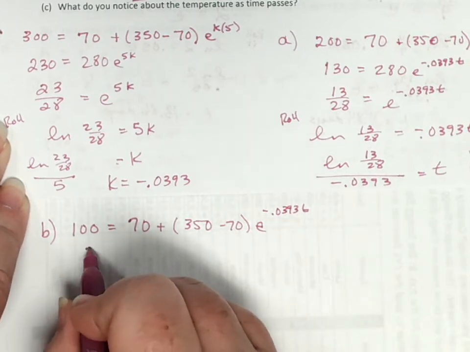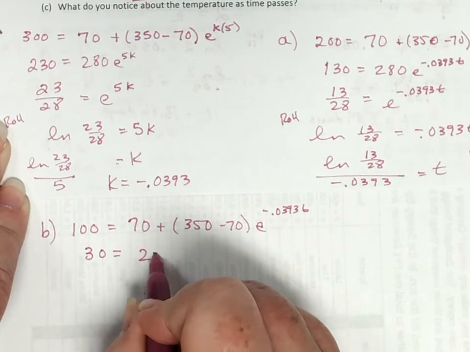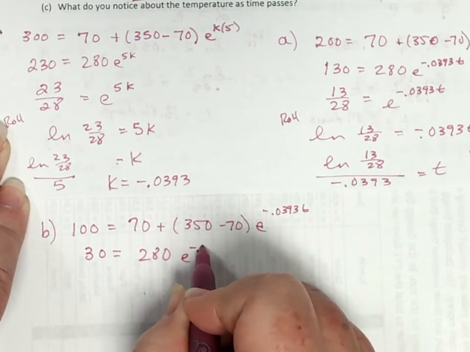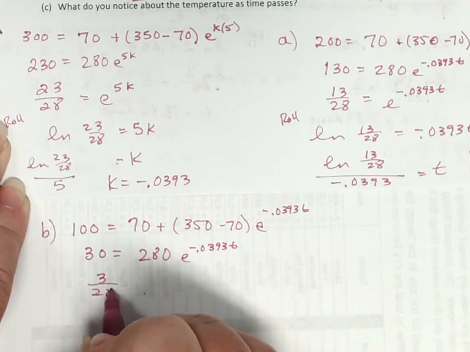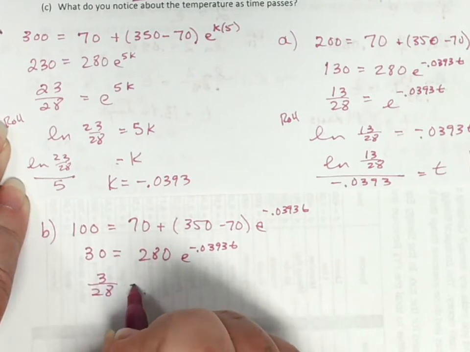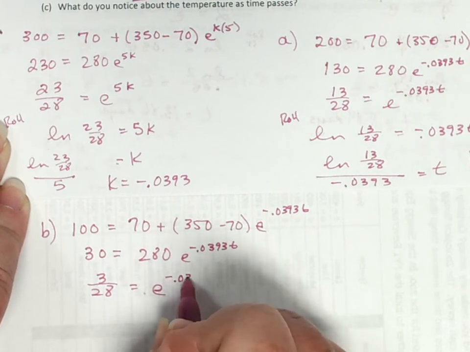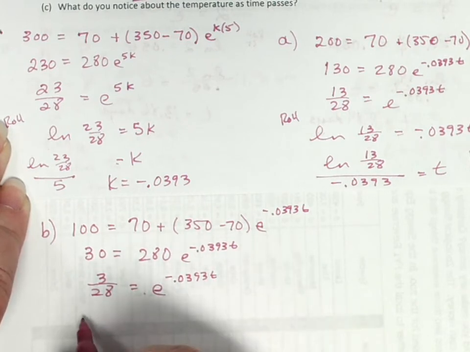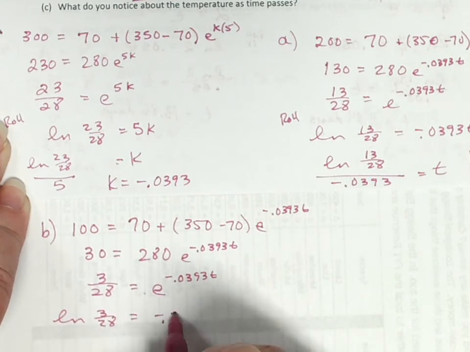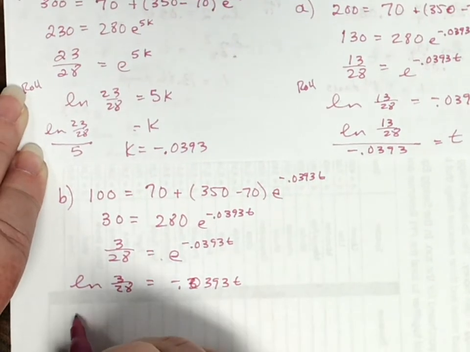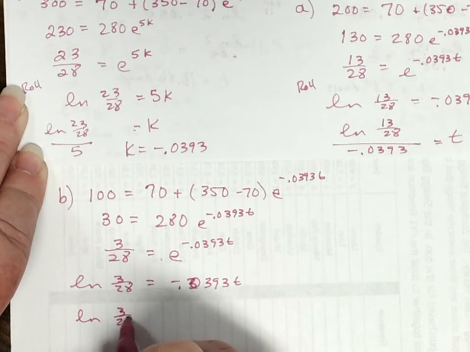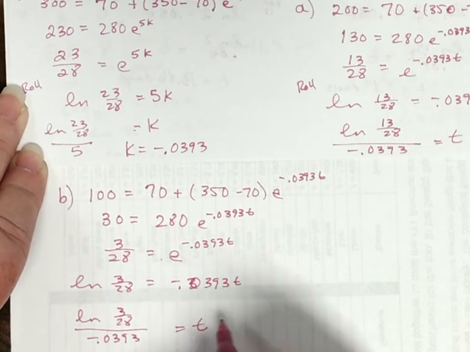Work our way through. 30 equals 280 times e to the negative 0.0393 t. 3 divided by 28, when we simplify, equals e to the negative 0.0393 t. Take the natural log: natural log of 3/28 equals negative 0.0393 t, and we divide. The natural log of 3/28 divided by negative 0.0393 will give me t.